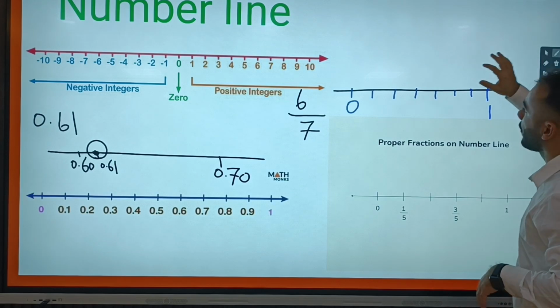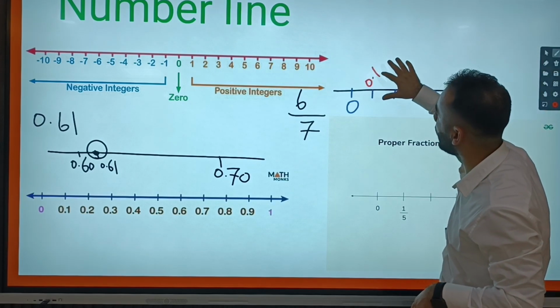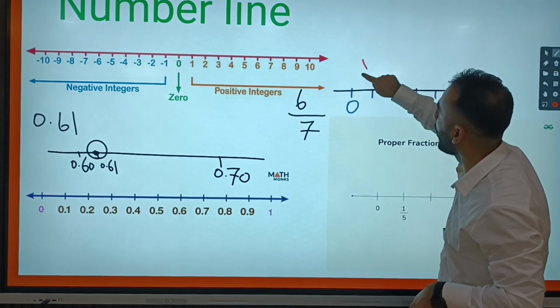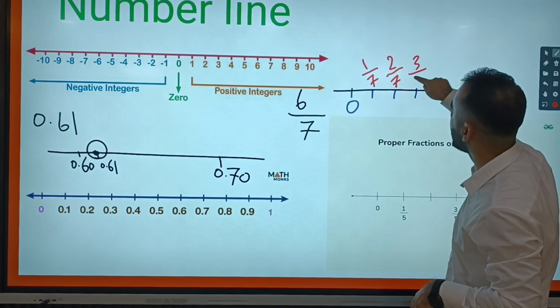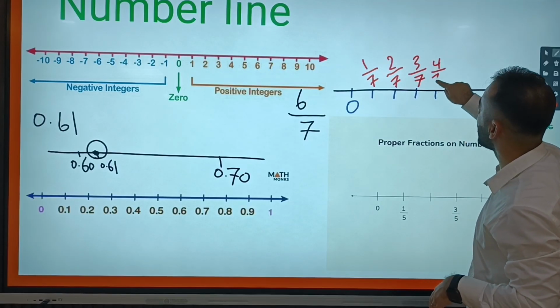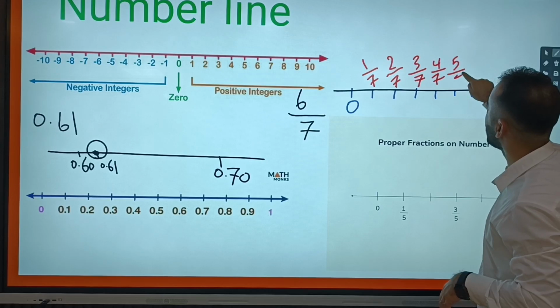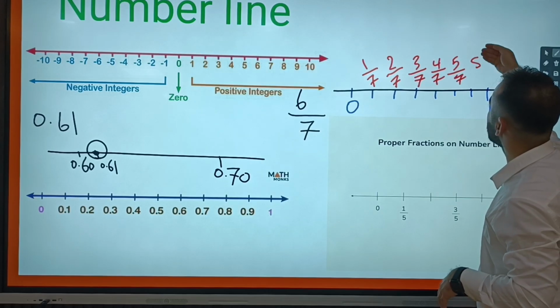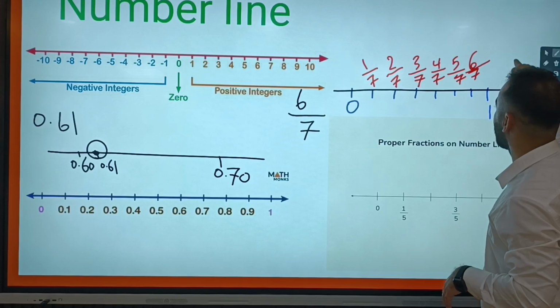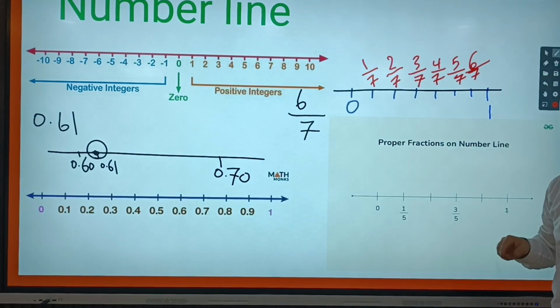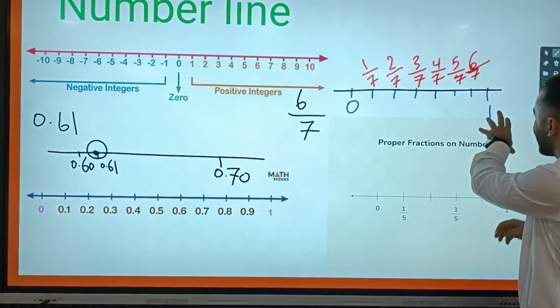So let's just number it: 1 over 7, 2 over 7, 3 over 7, 4 over 7, 5 over 7, 6 over 7, and 7 over 7, we show it as 1. Remember, 7 over 7 is exactly 1.